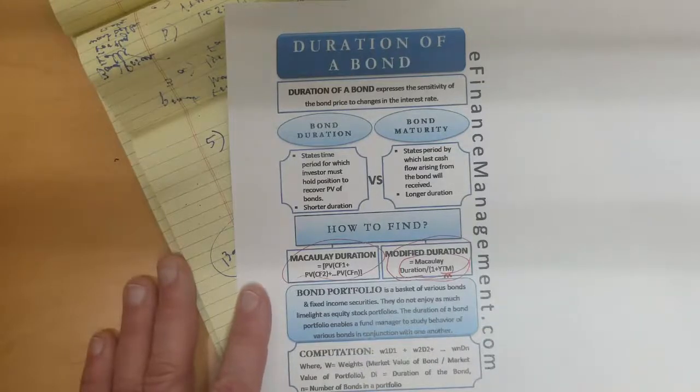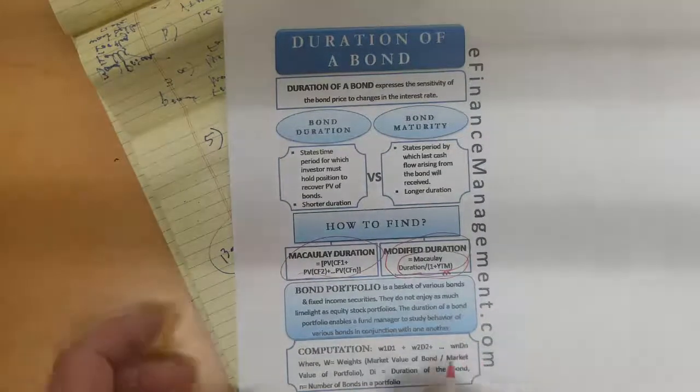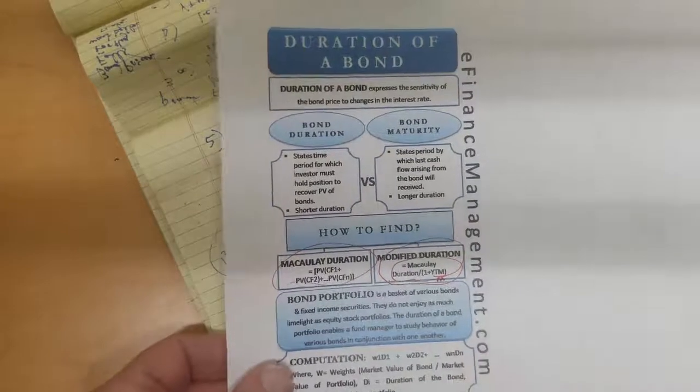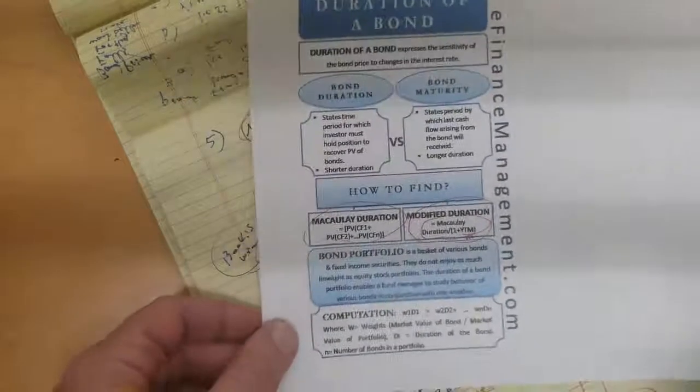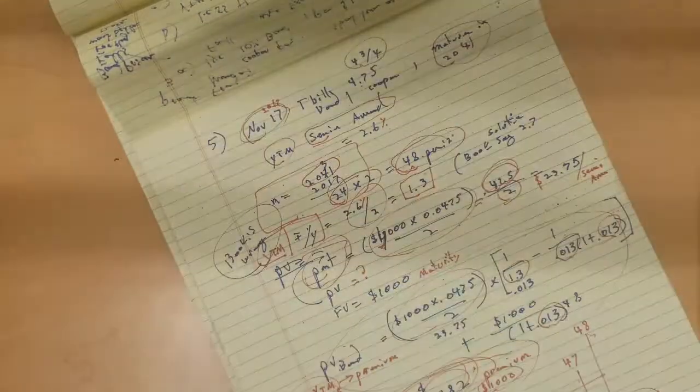So there are different types of durations. This one is really all about price sensitivity in terms of interest rate risk. When the interest rate moves, what does it do to the price of the bond? How sensitive is that price to interest rate movement? The shorter term, and we're going to go through that in a minute. So let me come back to that.